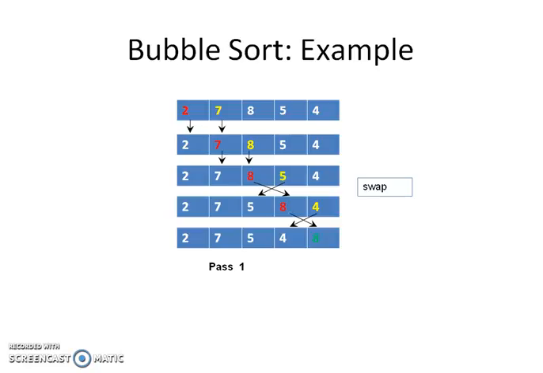Then we compare 8 and 4. 4 is also less than 8, so we swap 4 and 8. Now 8 will be in the last position, and this is the result of pass 1.